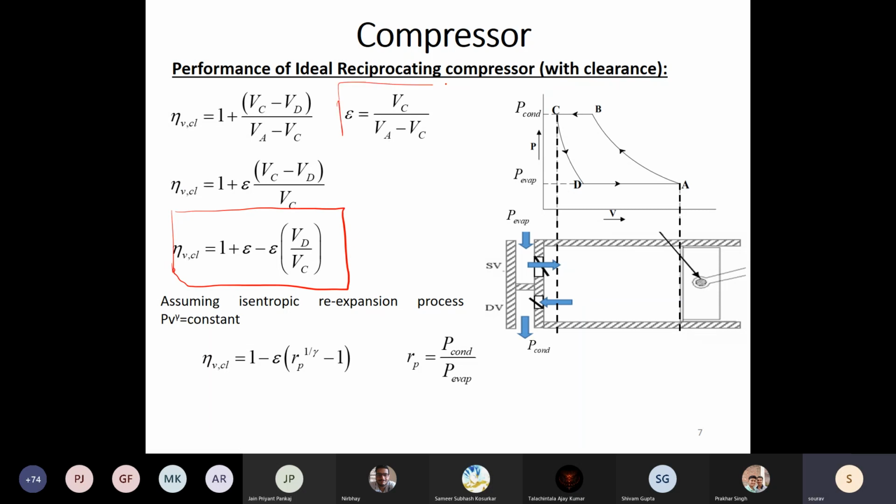The clearance volume divided by the displacement volume is the clearance ratio, which is given by epsilon here. You substitute the value for your VA over here and get rid of VA. Finally, you have an expression in terms of VD, VC, and epsilon.